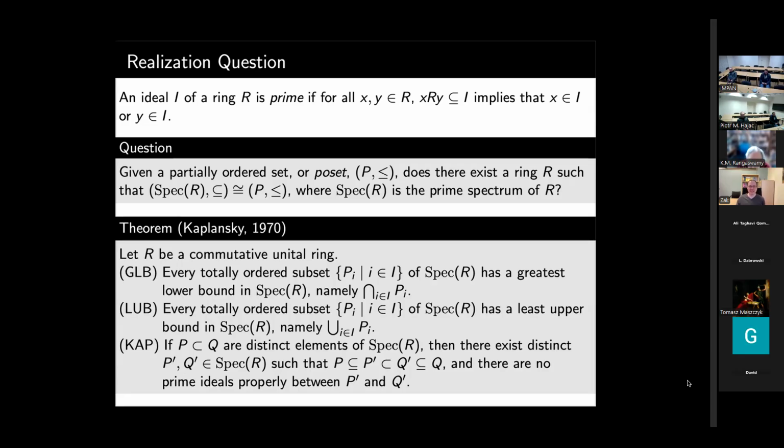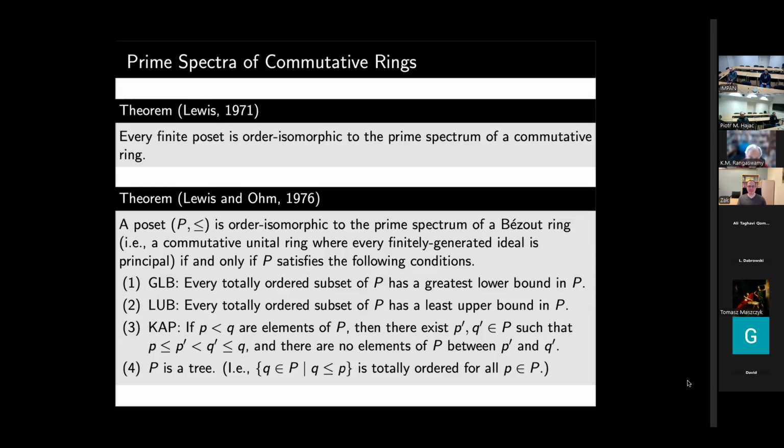So between any two prime ideals, there's a discrete step. And I'll tell you a bit later why this is. So Kaplansky played with this quite a bit, and there's pretty extensive literature on this kind of thing in commutative rings.